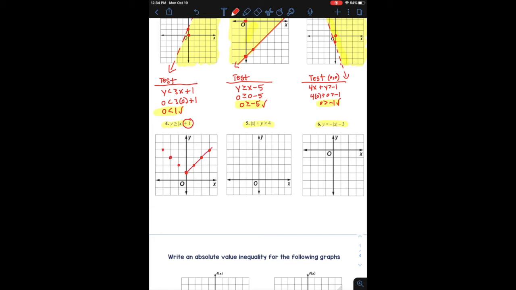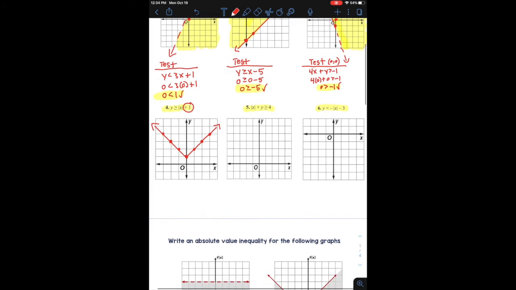If it was a less than sign or a greater than sign, we would be graphing a dotted or dashed V. But since we have a greater than or equal to sign, we're going to graph a solid V. The solid V means that all the ordered pairs on this graph, if substituted into the inequality, will be solutions, or will have a true statement at the end.